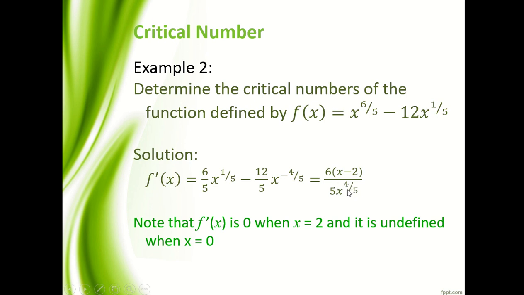The condition is that the base, x, should not be equal to 0. Since x is equal to 0, this makes the denominator 0. So 5 times 0 raised to the power 4 over 5 is 0 times 5, which is 0. So we have anything in the numerator divided by 0, that is undefined.